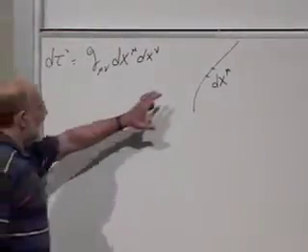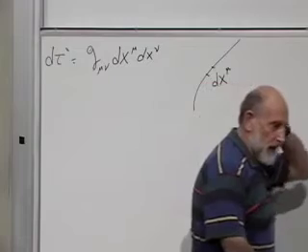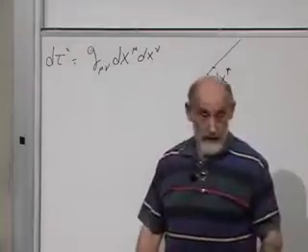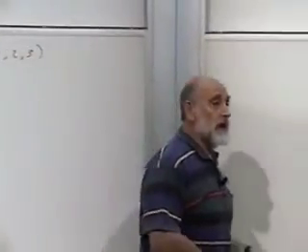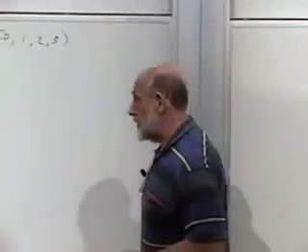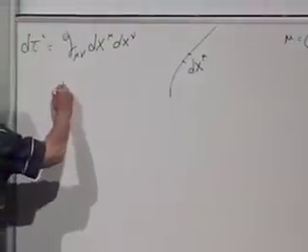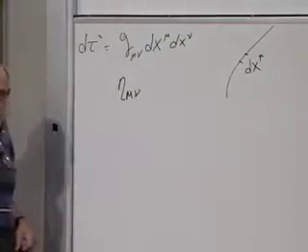The square of the proper time along a little interval like that is defined again in terms of a metric. In general, this metric, in special relativity, is constant. Everywhere is the same, and it's usually taken to be the symbol eta mu nu.